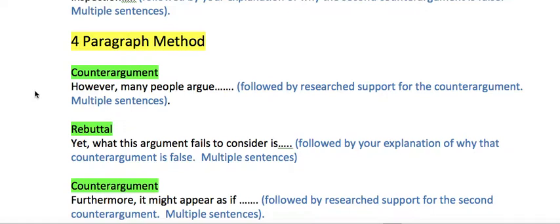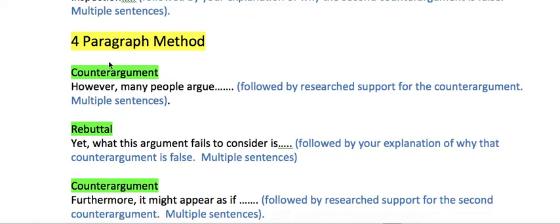The counterargument and rebuttal don't have to take up the exact same amount of space, but you can't have a 3-sentence counterargument and a 10-sentence rebuttal. They need to be a little more balanced so that you're showing your audience that you have given equal weight to both sides of the argument and you have made the most rational decision.